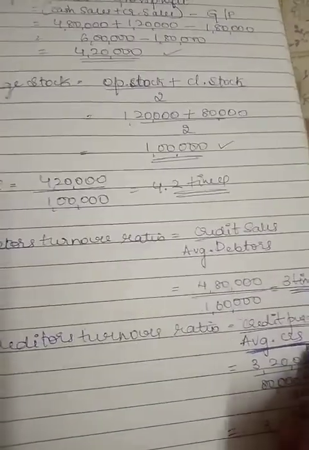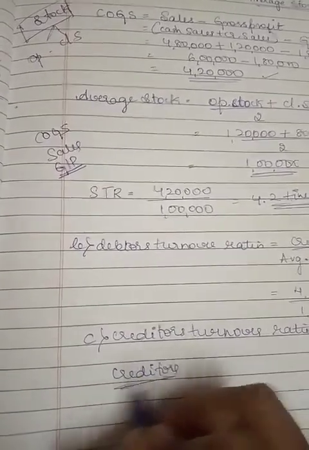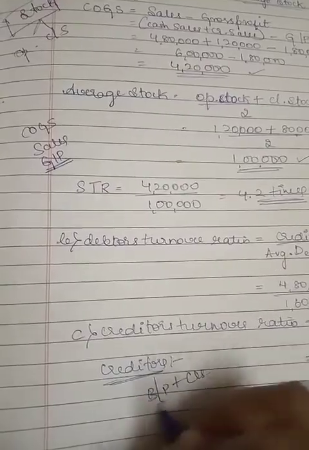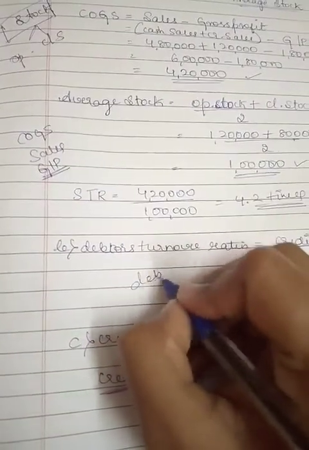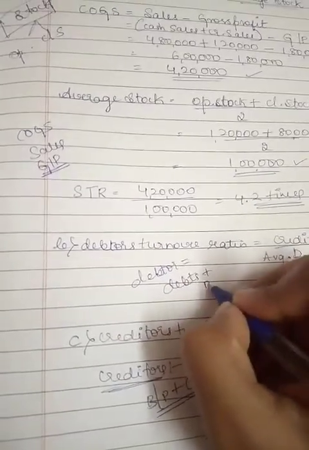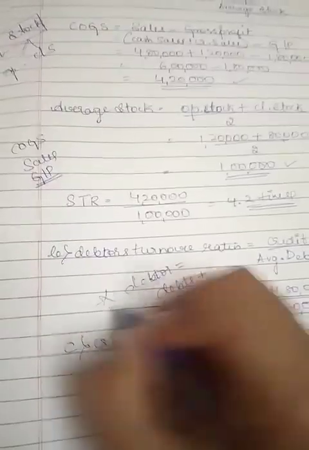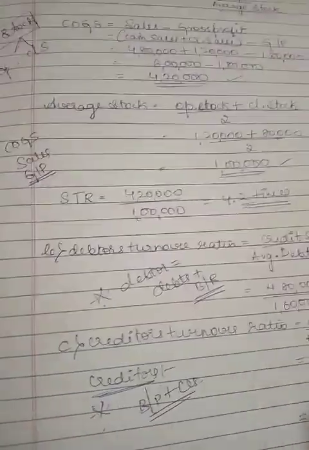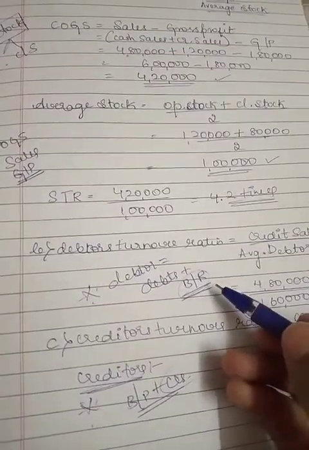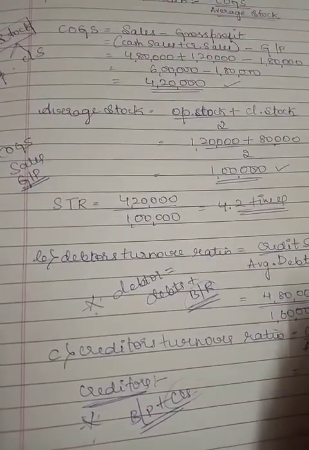Whenever there is an absence of information on opening and closing, you can take the opening as well as the creditors. In the case of debtors also, you can consider the debtors information plus bills receivable. Most important, highlight this point. It is very much important. Some students make mistakes by not considering the bills receivable and the bills payable. It is compulsory to take them into consideration.